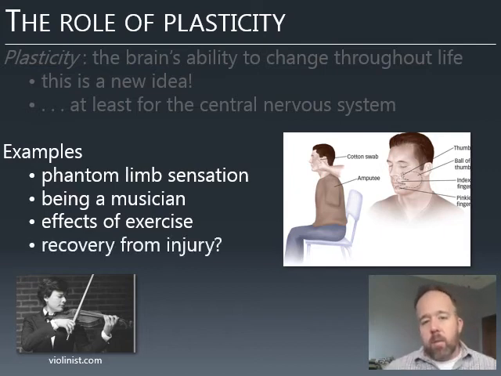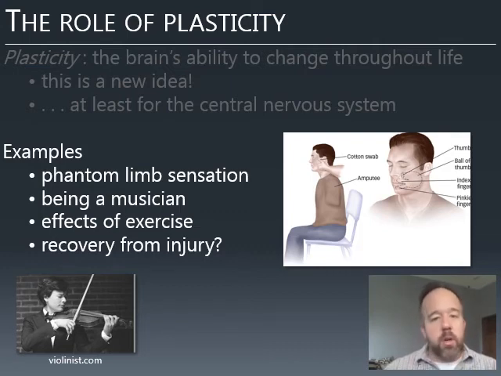And finally, one of the ultimate goals is to reverse what Ramon y Cajal noticed, that injuries to the central nervous system are irrecoverable. And a large part of that seems to be due to properties that are special to the central nervous system. Other parts of the body can heal themselves just fine, and so a lot of research is being done on how to make the central nervous system more like the peripheral nervous system with regard to healing.